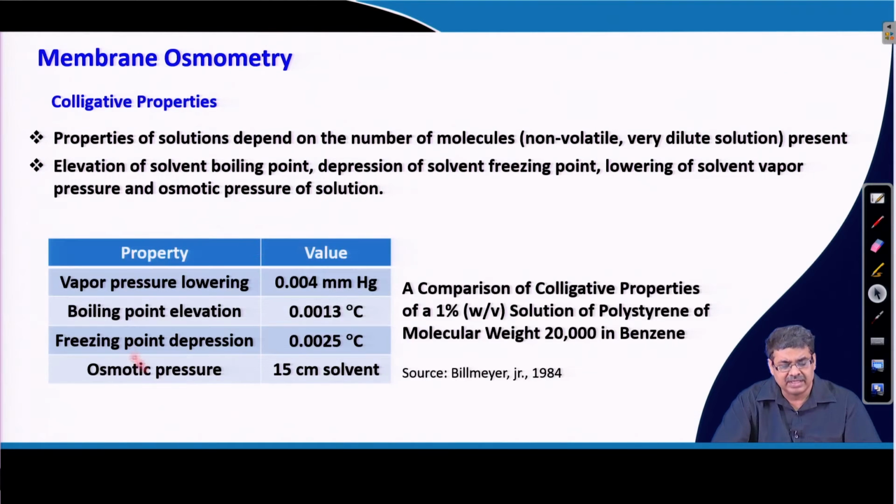Now, if you look at the data, which is a comparison of colligative properties of a 1% solution of polystyrene of molecular weight about 20,000 in benzene, look at the magnitude of the changes in vapor pressure, boiling point, freezing point and osmotic pressure.